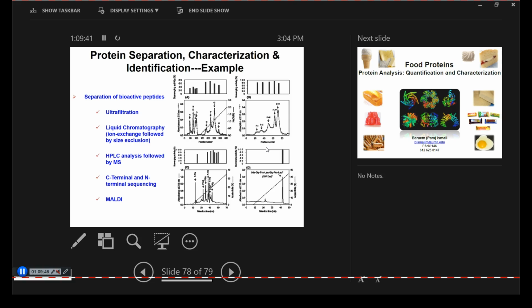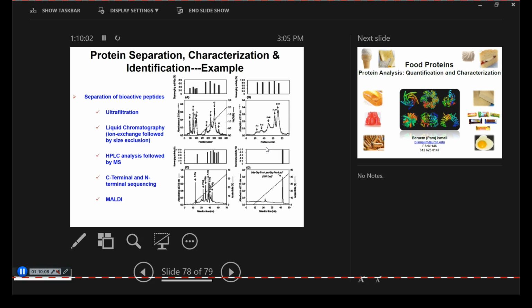So we started off with ultrafiltration. What you do here is you separate based on size. So you get rid of anything, let's say, that is greater than 5 kilodalton. All the peptides that are smaller than 5 kilodalton will pass through the filtration and you collect that.